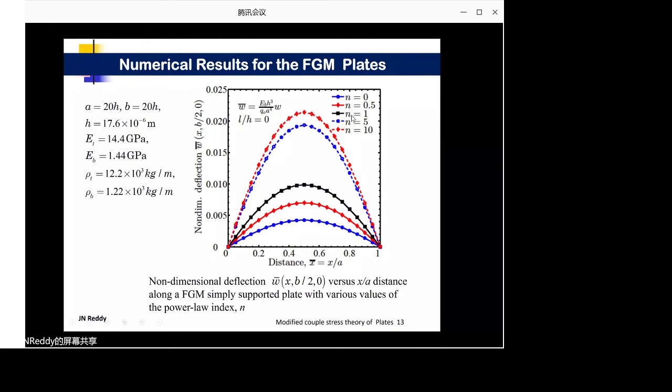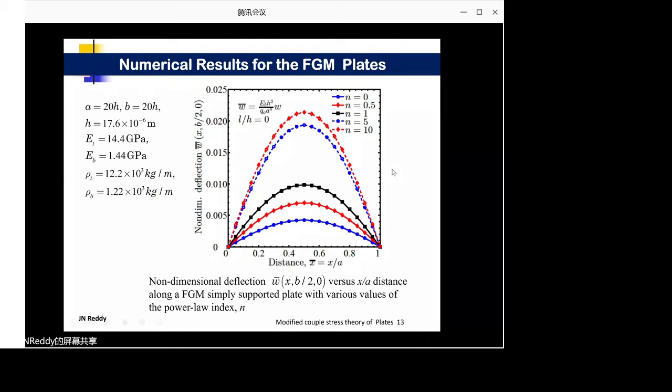You will see that depending upon the value of n, if n equals 0 it means it's not functionally graded. It's just a one material model. Then you will have a very stiff structure here because E2 is much larger than E1. E1 is at the bottom and E2 is at the top. And as you increase n, of course, it will become more flexible.